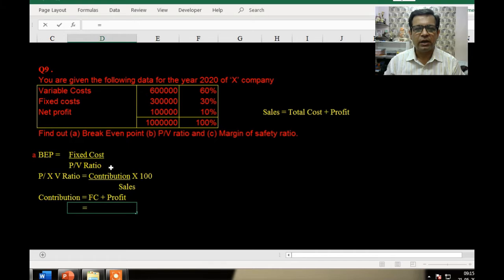Look at the question carefully. Fixed cost is 3 lakh rupees. And the profit given to us is 100,000 or 1 lakh rupees. So we understand that our contribution is 4 lakh. We have got contribution now. We can calculate PV ratio.